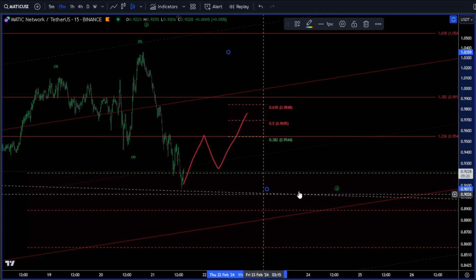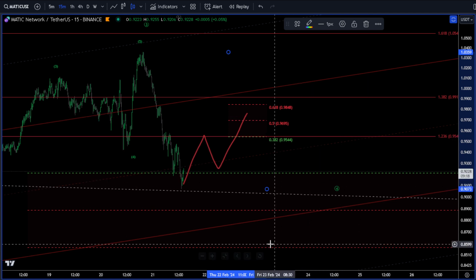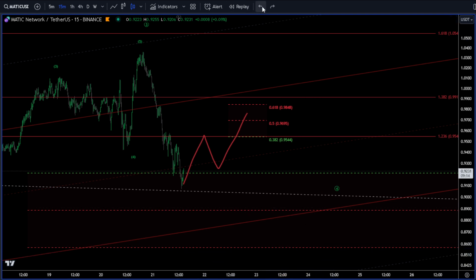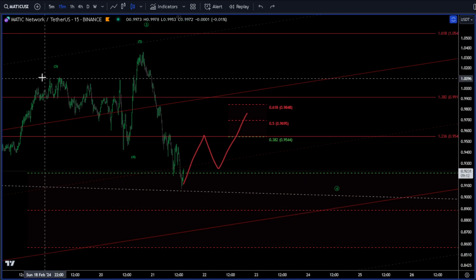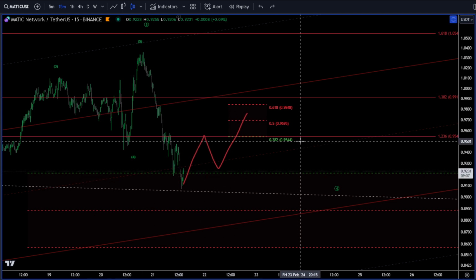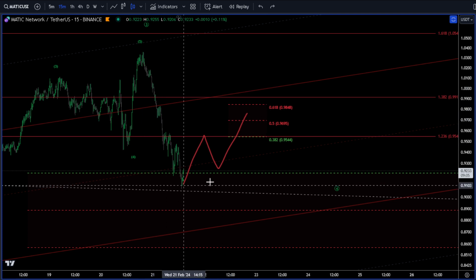But how I will hedge this, I'm going to leave my long open, stop at this level, at the 618. But what I will do is, if we get this ABC to the upside, I'm not going to take it no matter what.